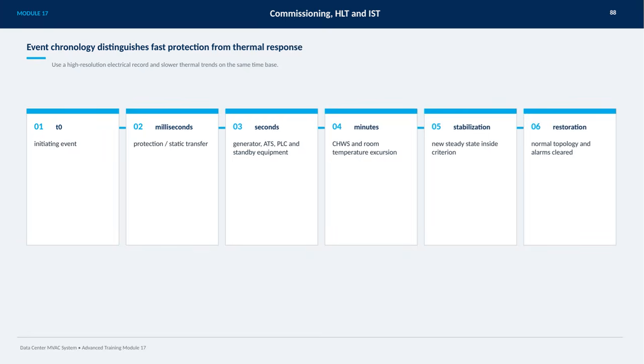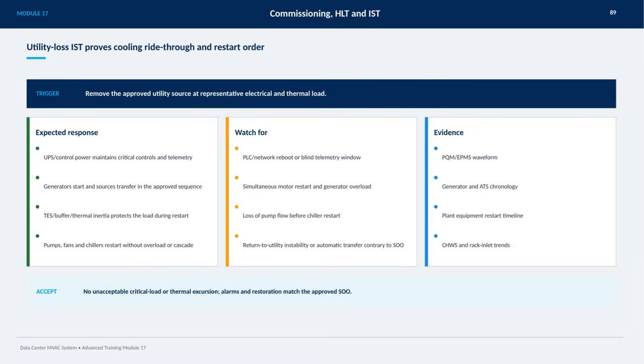In this slide, we focus on the utility loss integrated systems test, which is designed to prove cooling ride-through capability and confirm the restart sequence. The test is triggered by removing the approved utility source while the system is under representative electrical and thermal load. During this, the UPS and control power must maintain critical controls and telemetry without interruption.